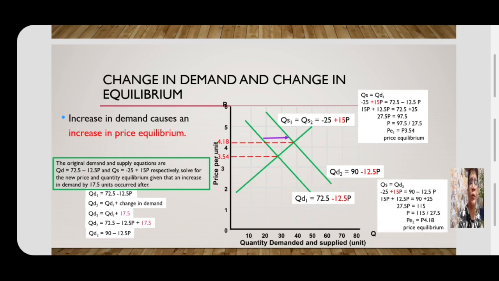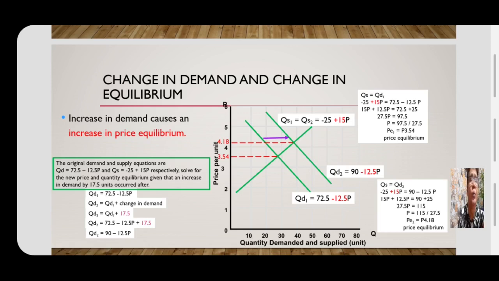Okay, so that is how we can explain how the price equilibrium happened to increase because of the increase in demand.